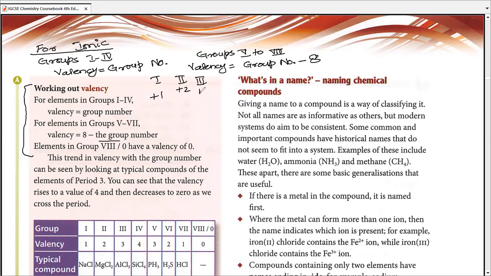For 3, it would be +3 according to these formulas. For 4, it would be +4. But for 5, according to this formula, it would be -3. For 6, it would be -2. For 7, it would be -1. And for 8, it would be 0. I hope now you understand why we call group 8 as group 8 or group 0. Because the formulas turn out their valency to be 0. This is for ionic compounds.